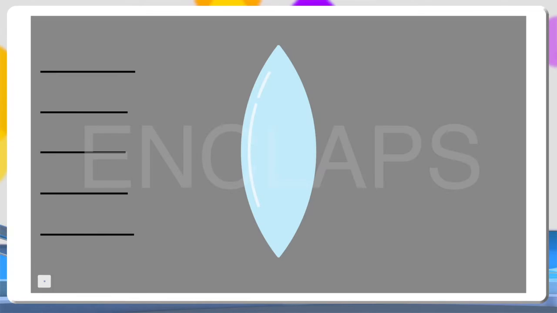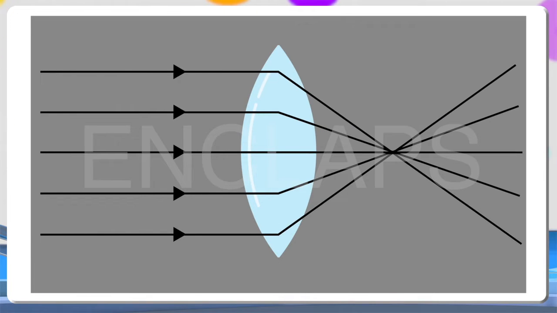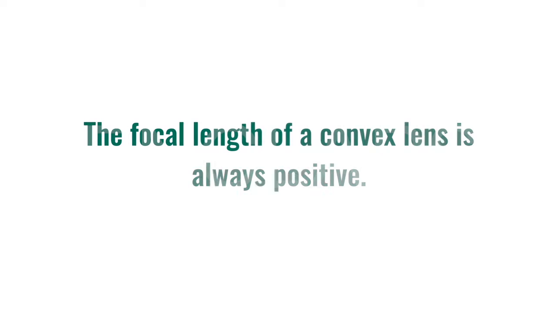We have seen that the incident ray is always from left to right. Therefore, the rays incident on a convex lens from the left will converge on the principal focus on the right side. So, the focal length is to be measured from the optic center to the right. That's why the focal length of a convex lens is always positive.